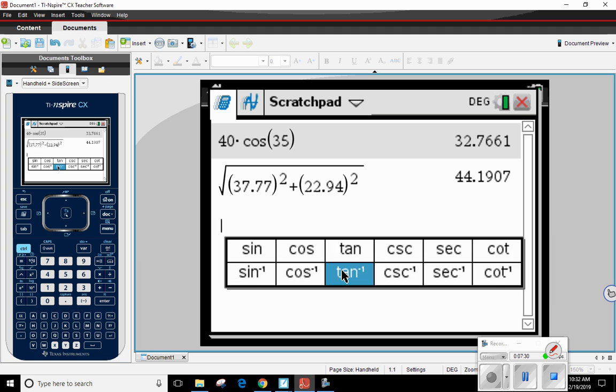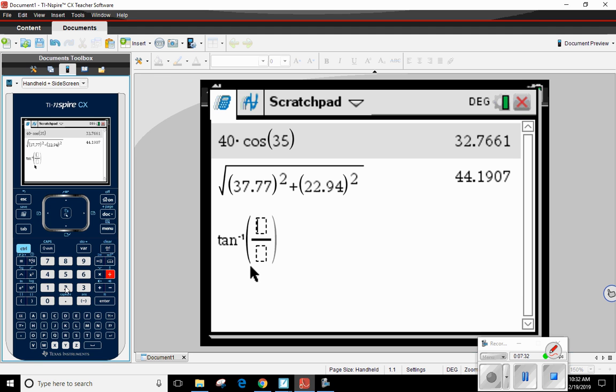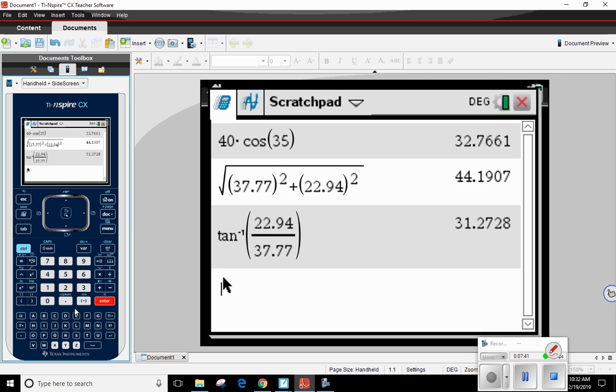So tangent inverse, control divide 22.94 over 37.77. Okay, push enter. So I'm getting about 31.3 degrees from the horizontal. Does it make sense that we should get a measure less than what we got before?